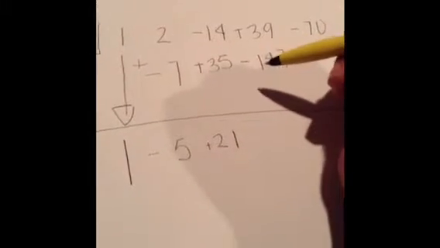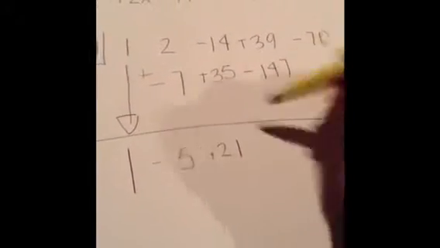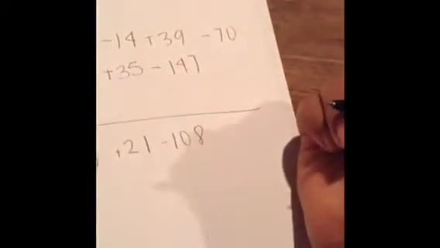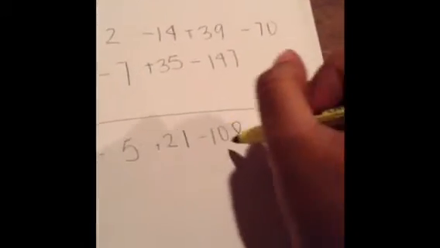Okay, and then 21 times negative 7 is negative 147. And then negative 147 plus 39 is negative 108. Okay, and then you would have to multiply negative 108 times negative 7.